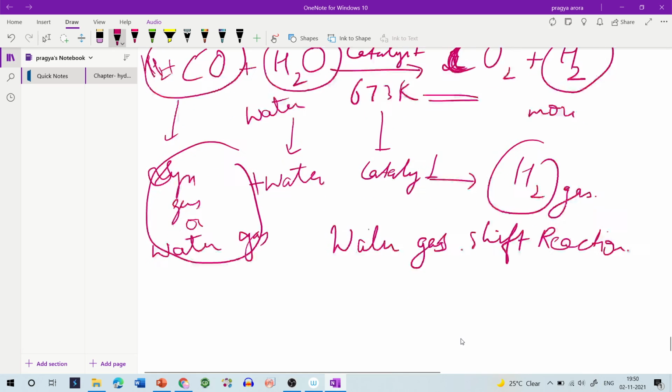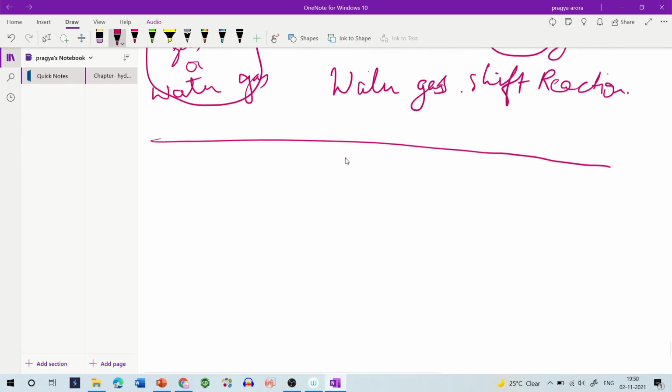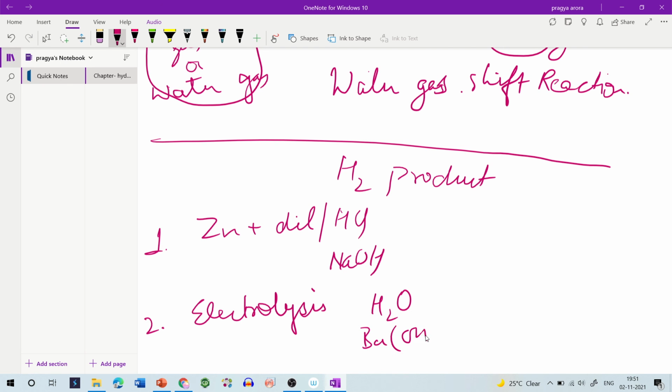So we understood today how hydrogen is produced. Hydrogen is produced in labs with zinc plus dilute HCl or NaOH solution, or it could be produced by electrolysis of water, barium hydroxide solution, or saturated brine solution, which is NaCl solution.